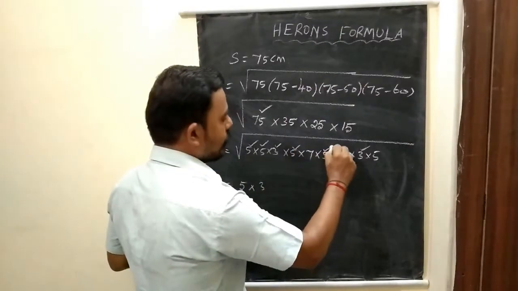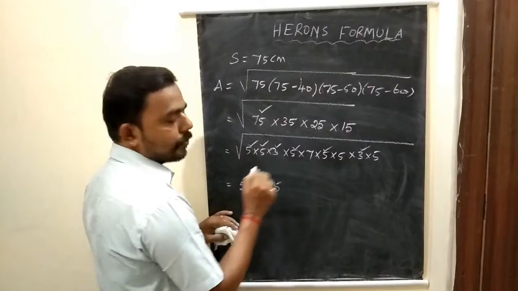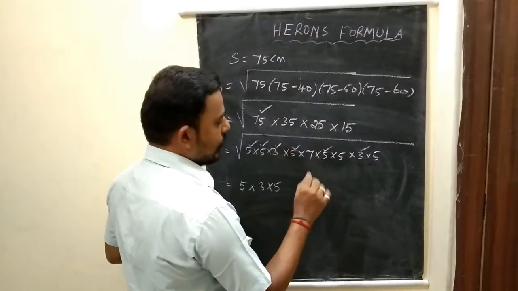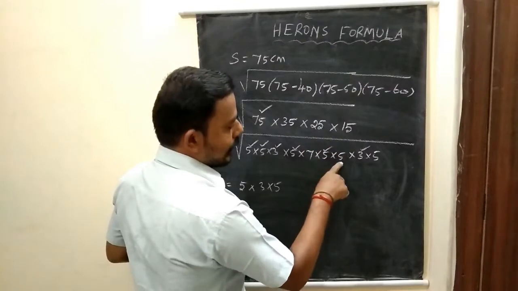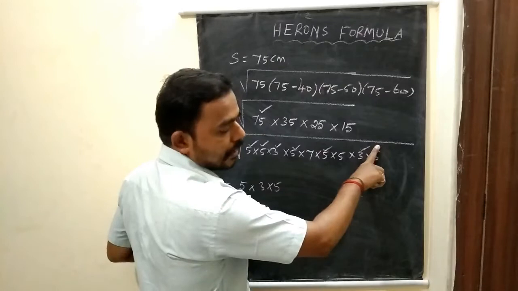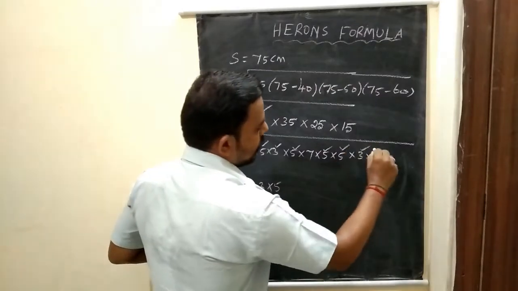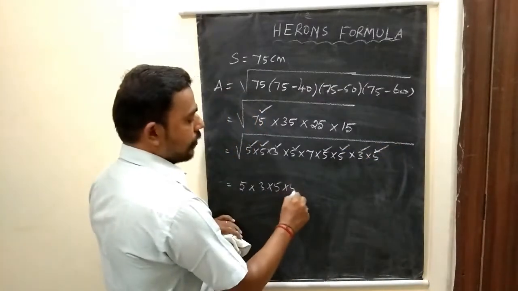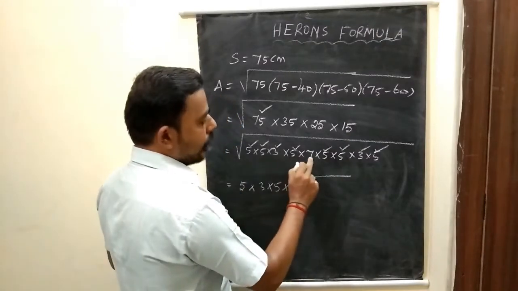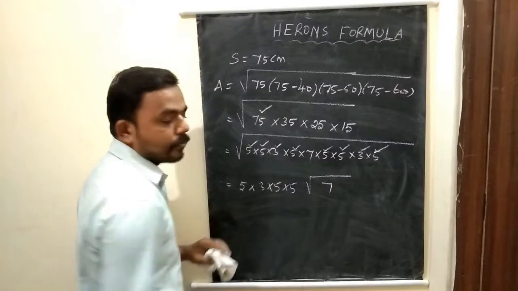So one 5. Next come to 7. No 7s are there. Leave it. Next number, already another number is there. If you have only one 5, leave it. Now 5, tick, into 5. Square root of the remaining number, only 7 without tick.